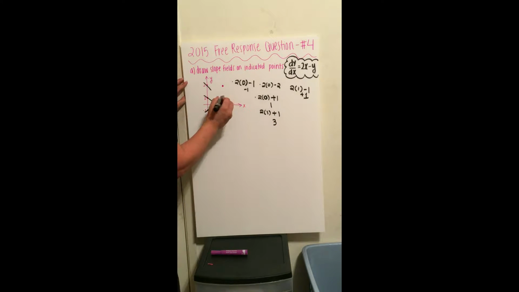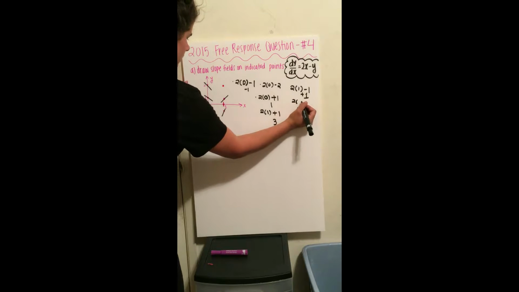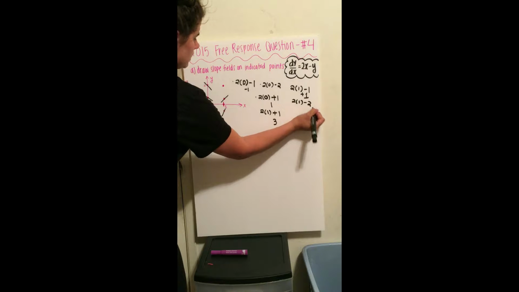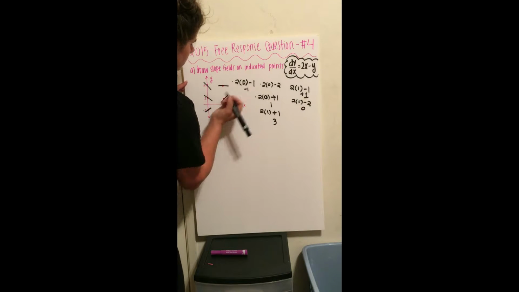Okay, so it's a regular slope. For this point, you have 2 times 1 minus 2. That becomes 0, and it's a 0 slope.